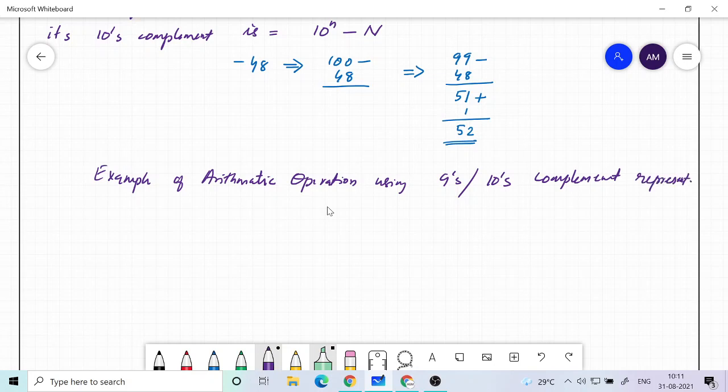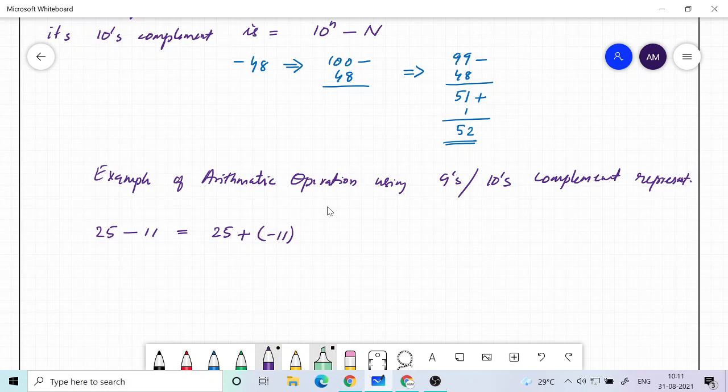Okay, so let's take 25 minus say 11. This is what we need to do. By sign magnitude form we know how to do it. There are two numbers, so we are basically adding: 25 plus minus 11. How do we do that? You look at which has the larger magnitude.